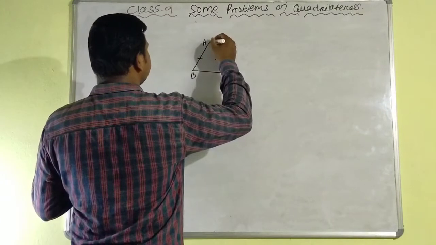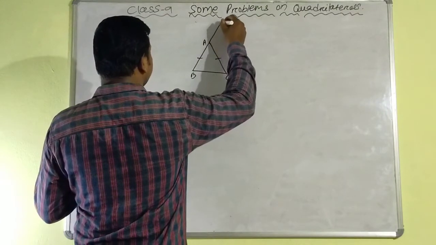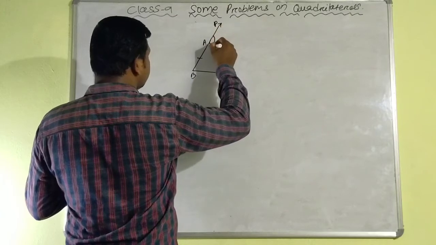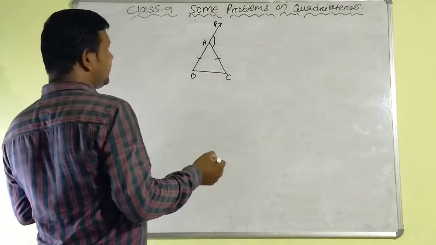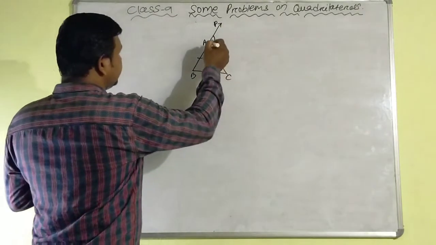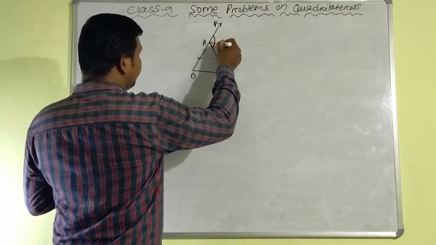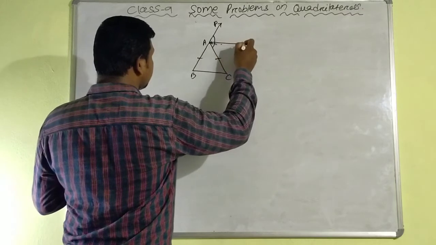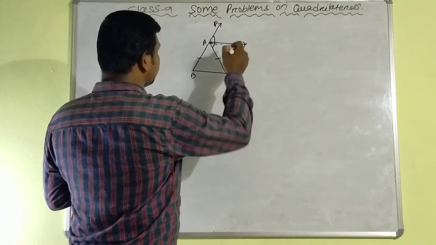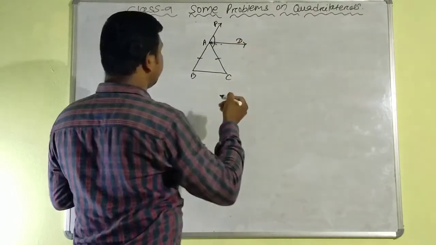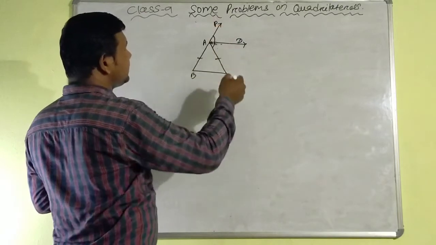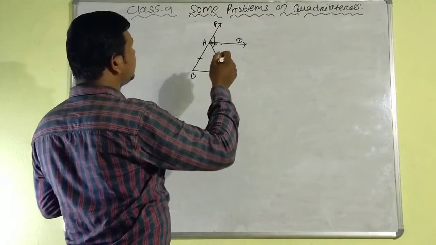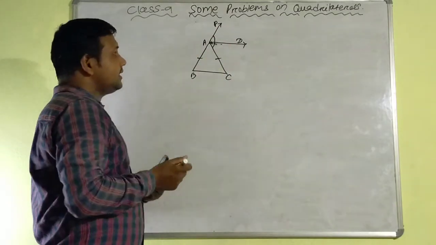Let us produce BA in the direction of A, that is up to P. PAC is the exterior angle, and we know AD is the bisector of exterior angle PAC. That means angle PAD equal to angle CAD.